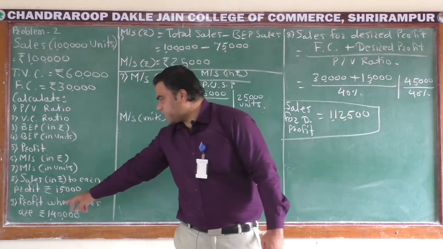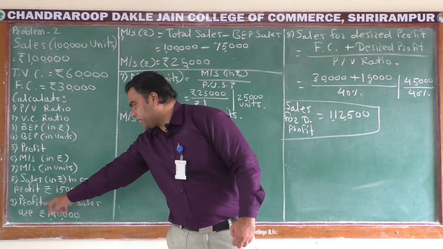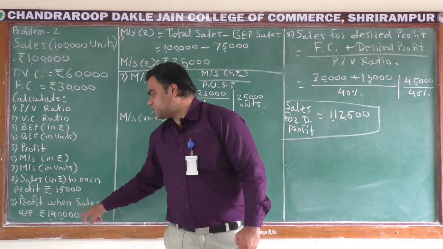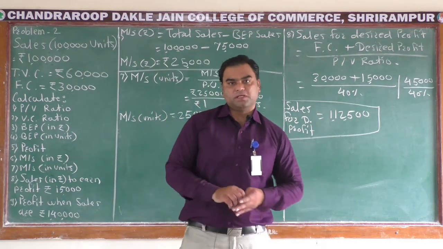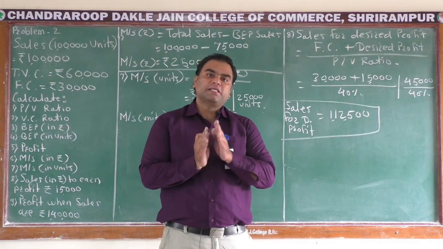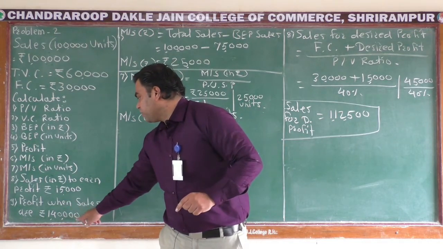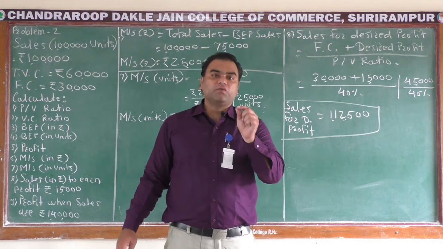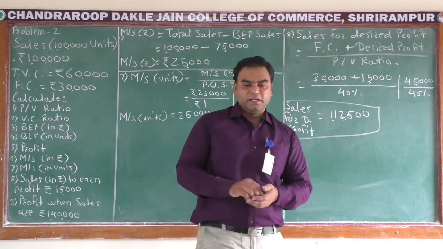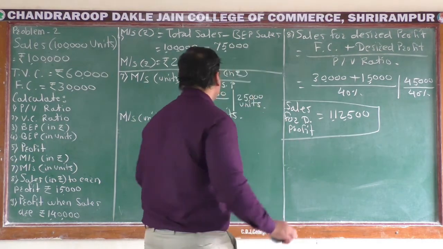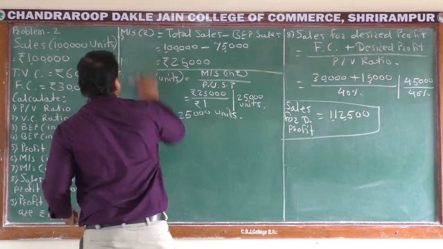Now the last item which we are going to calculate is profit when sales are rupees 1,40,000. Means when company sales are 1,40,000, then what will be the amount of profit? That amount of profit we are going to calculate now.